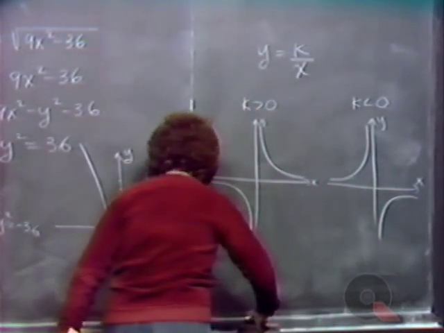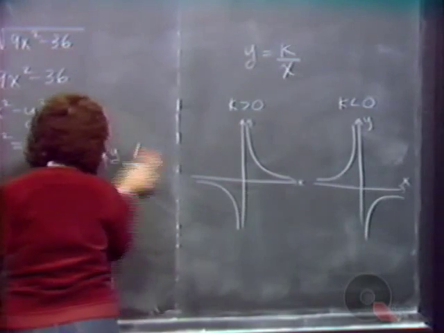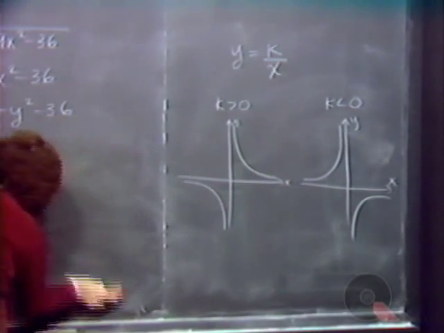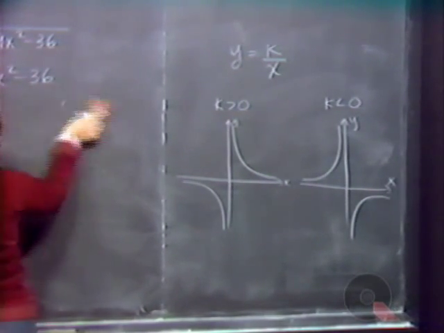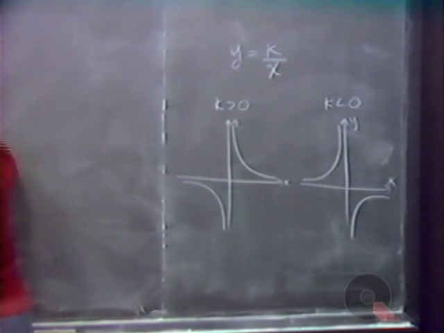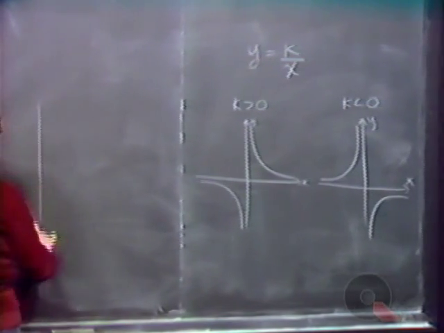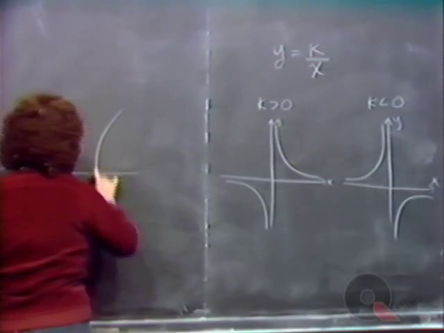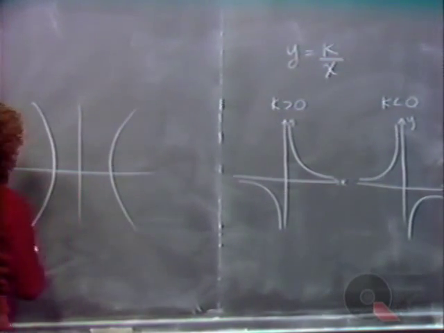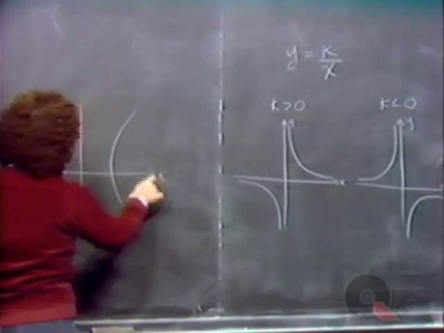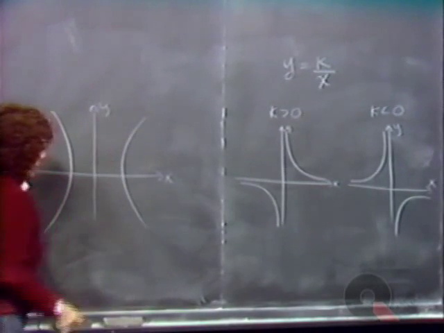Now you might think that this looks nothing like the example that we just had. And why am I calling it a hyperbola? The problem is that the one that we just sketched looks something like so. It was symmetric with respect to the x-axis and the y-axis.